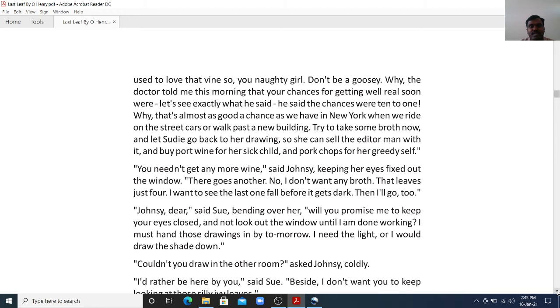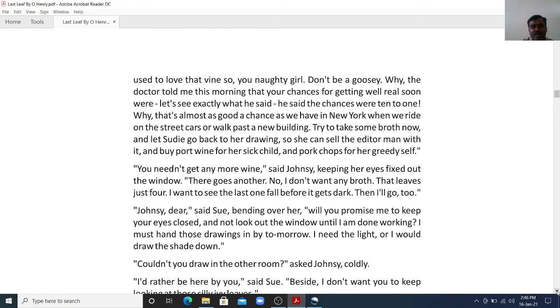Try to take some broth now. I mean, a soup made of vegetables or cereals or corn. This is what Sue suggests to Johnsy. Try to take some broth now and let Sudi go back to her drawing so she can sell it to the editor man. Allow me to draw the picture, and I have to sell this magazine illustration to the editor and buy port wine for a sick child.